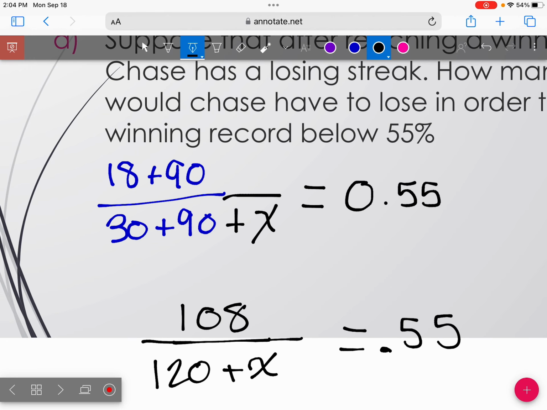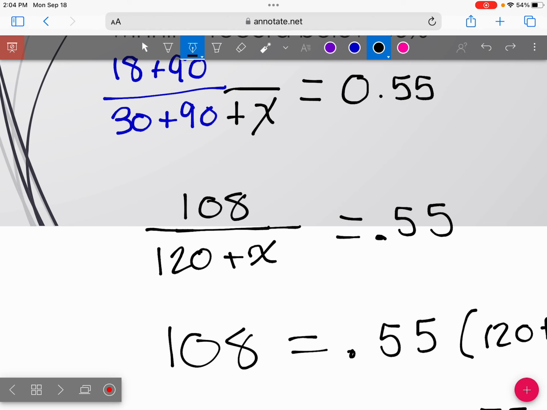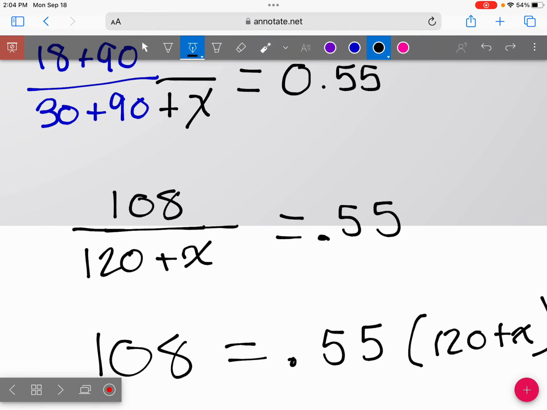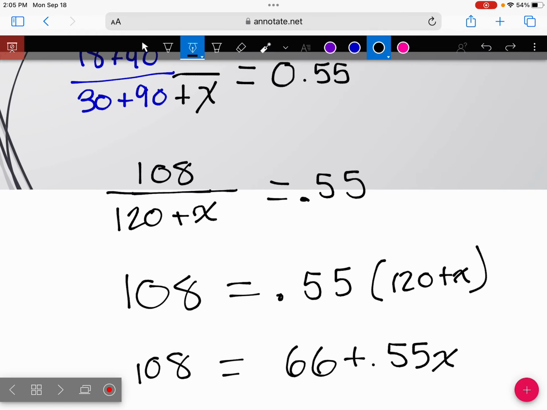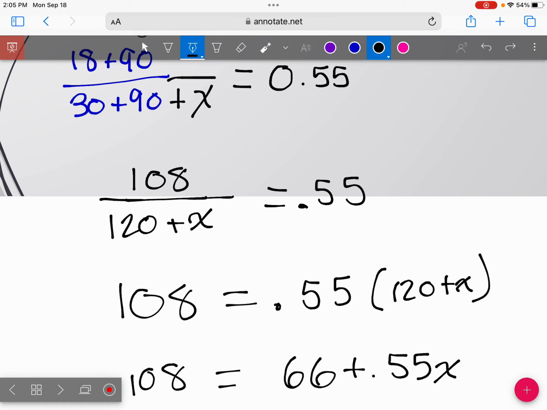So once I've combined my like terms, then I'm going to multiply by my denominator. You did just fine. So I multiplied by my denominator. Then I distributed.